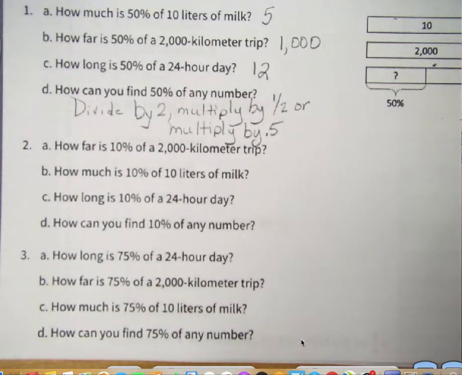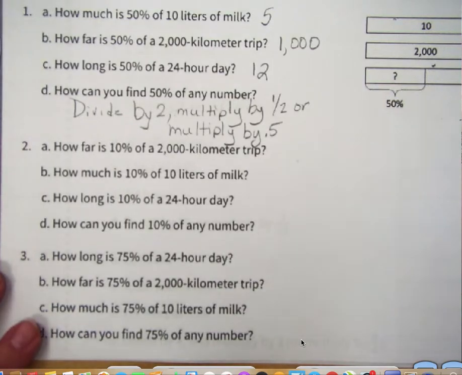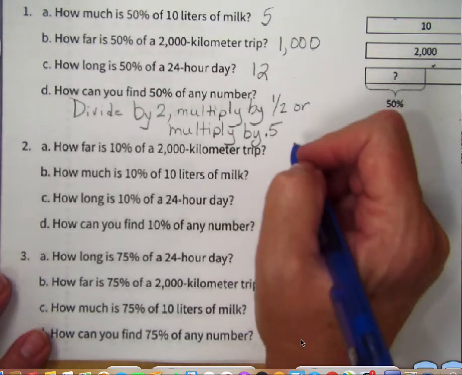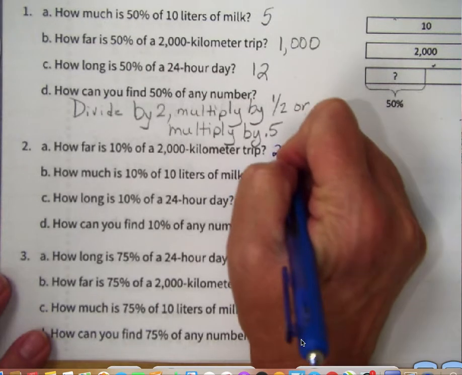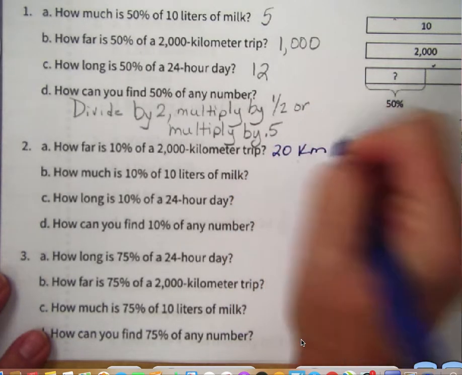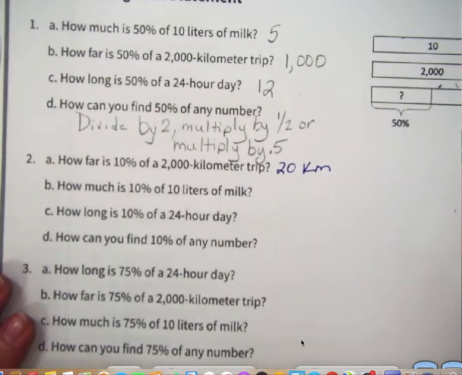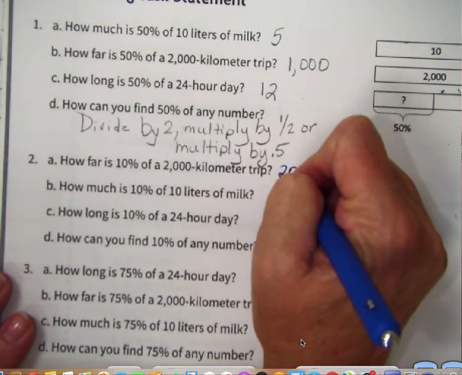Okay, let's do that. How far is 10% of a 2,000 kilometer trip? 20 kilometers, right? Sorry, 200.